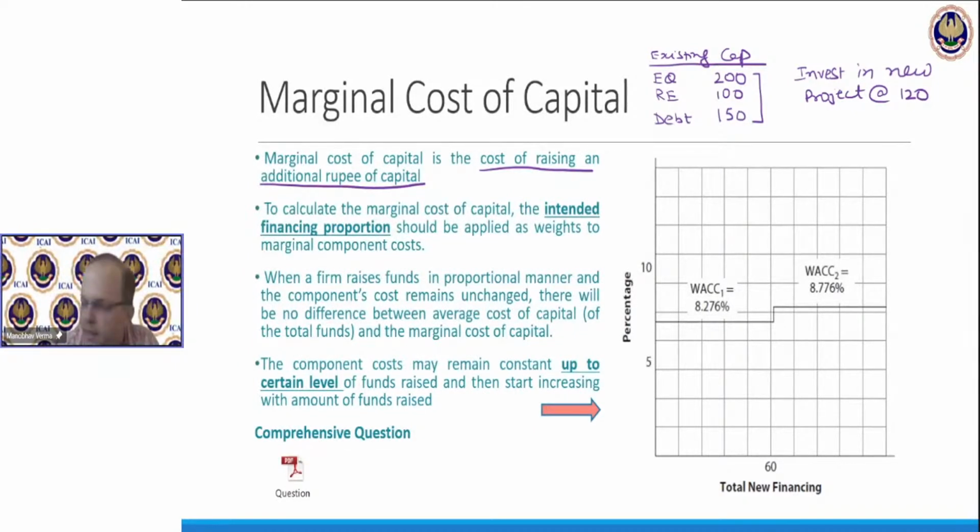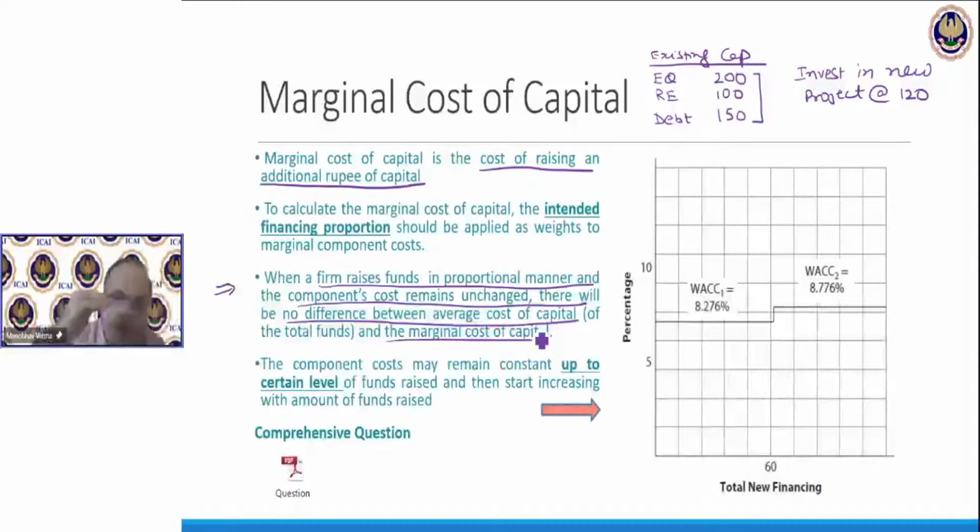What we are talking about here is this particular point. When a firm raises funds in a proportional manner and the component costs remain unchanged, there will be no difference between average cost and the marginal cost. So till that point where we are going for additional equity, we're only using the retained earnings. There is no additional requirement, guys.